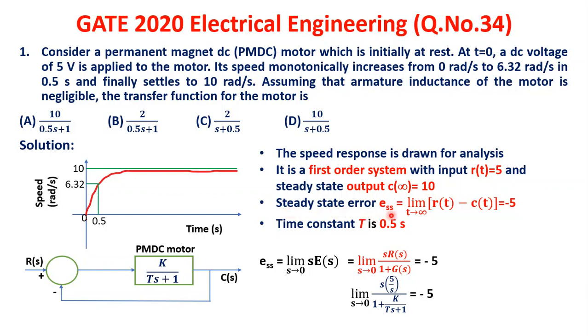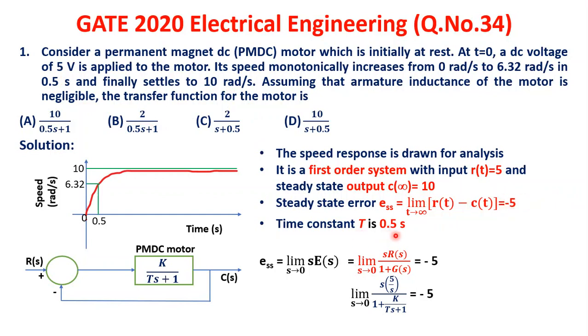Steady state error, we know very well, is limit t tends to infinity E of t, which is R of t minus C of t for a unity feedback system. Now R of t is always 5 from t equal to 0 second and the final output is 10. Therefore 5 minus 10 is minus 5. So minus 5 is the steady state error, right?